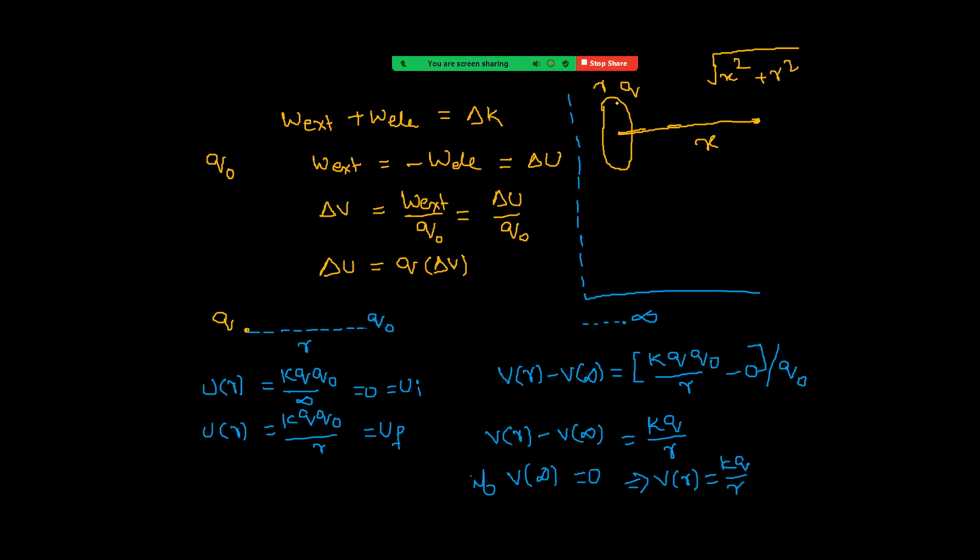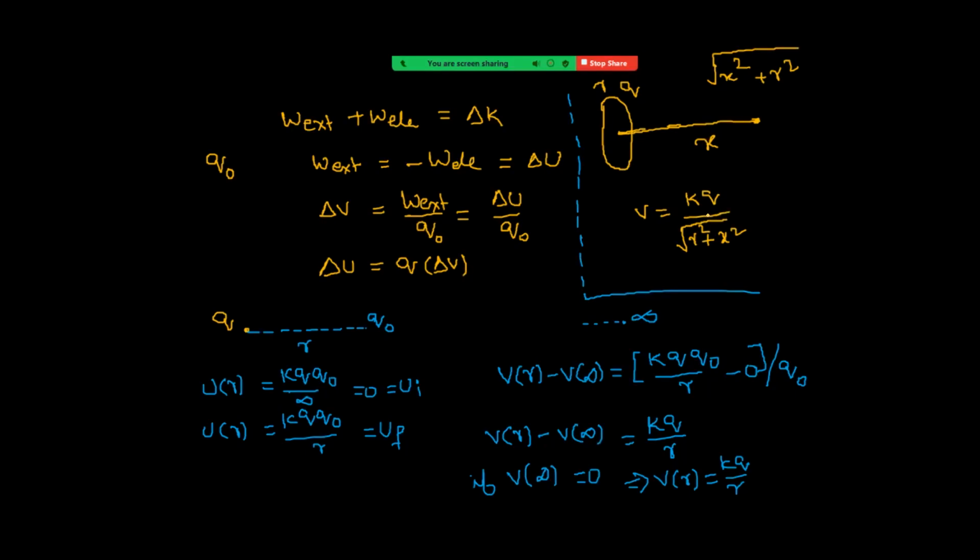Each and every point on this ring is at a distance of square root of x square plus r square from this point. So potential at this point because of this ring is V equal to K Q by distance, where K is 1 by 4 pi epsilon naught, and the distance is square root of R square plus X square.